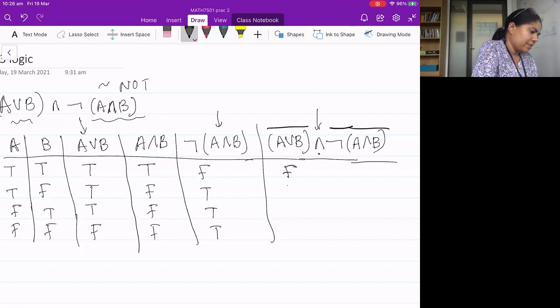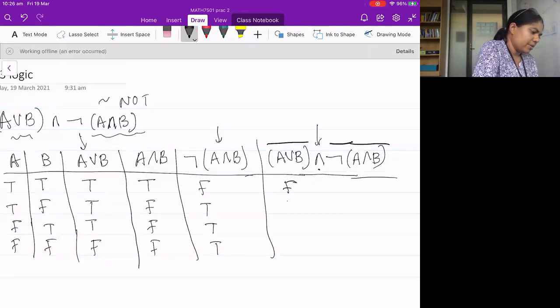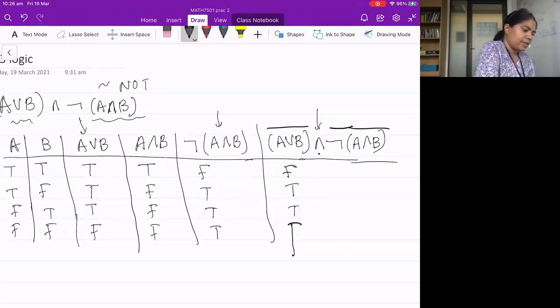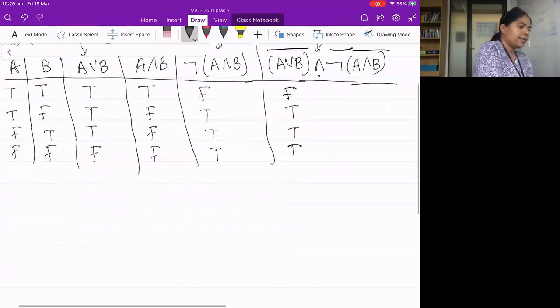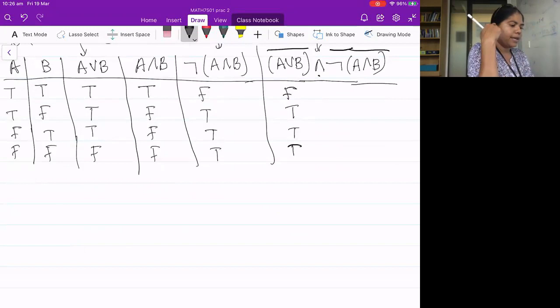Okay. True and false is false, and true and true should give us true. And true and true is true, false and true is false. Yeah, that's right. Okay, so the last column is F, T, T, F.